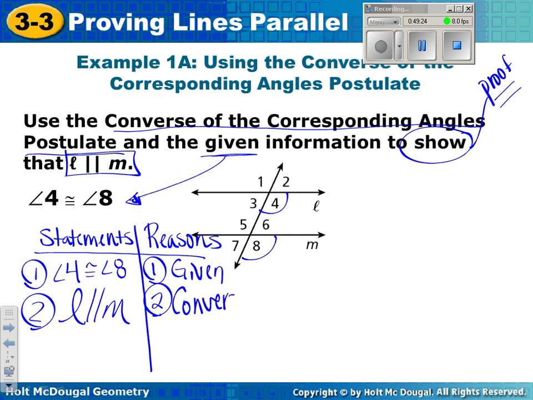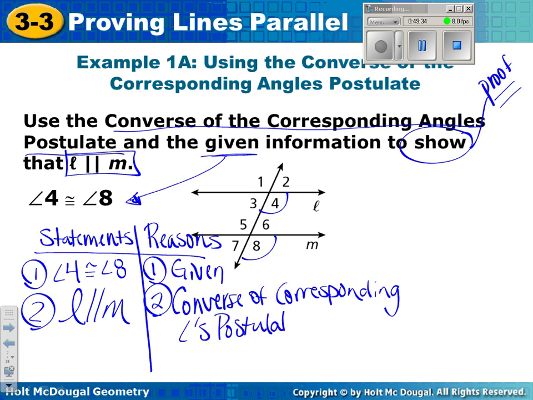So converse of the corresponding angles postulate, and I know it's a lot of writing. 2 steps, not hard. Here's my given. Mark your picture. What kind of angles are they? If they're congruent, then those lines are parallel.